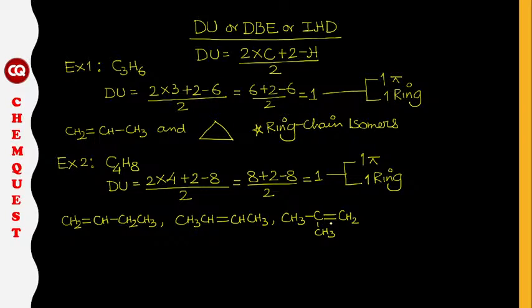Now ring. The 4 carbon ring is cyclobutane. The 3 carbon ring is cyclopropane with 1 methyl group, means methylcyclopropane. Now another aspect is there: but-2-ene compound has 2 geometrical isomers.